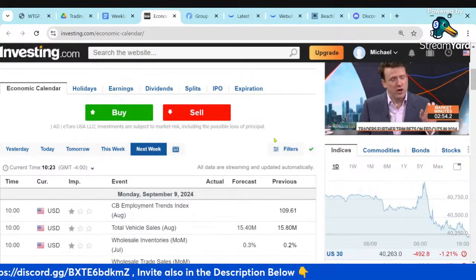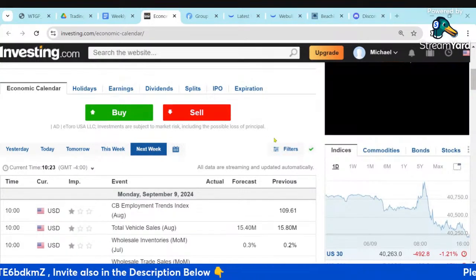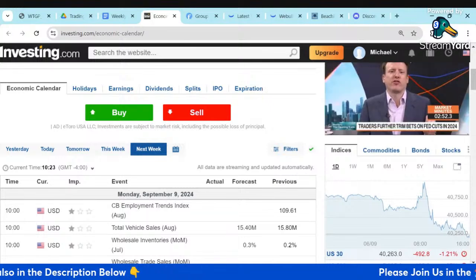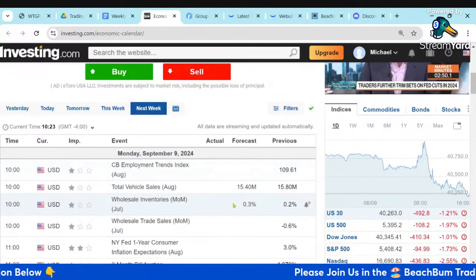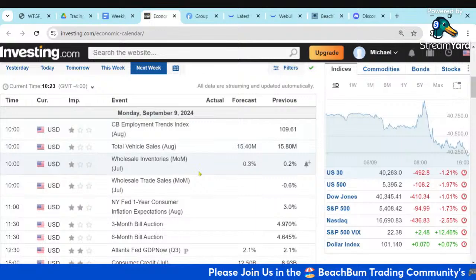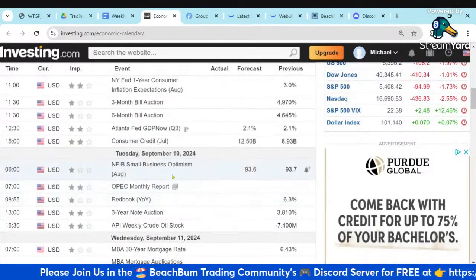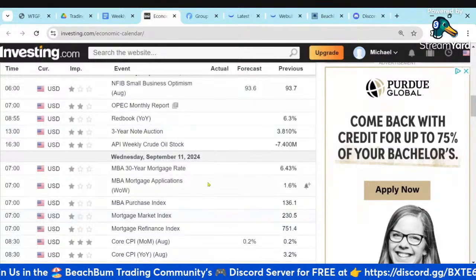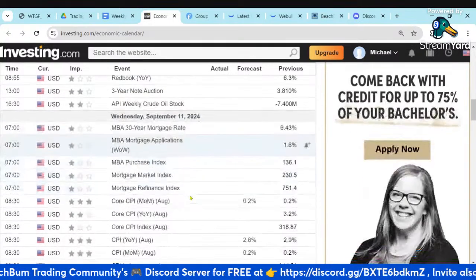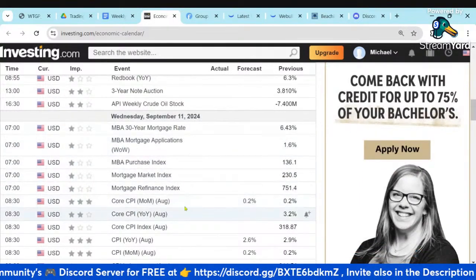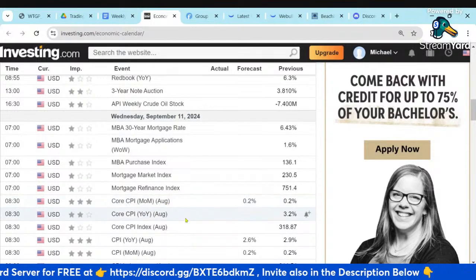So if we look at the economic data for next week, Monday, we've got some wholesale inventory, some bond auctions. Tuesday, we've got small business, an OPEC report. Wednesday, we get mortgage data, and then important core CPI data.